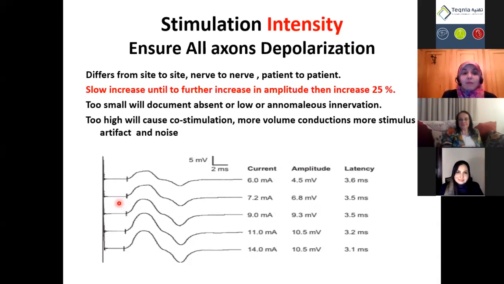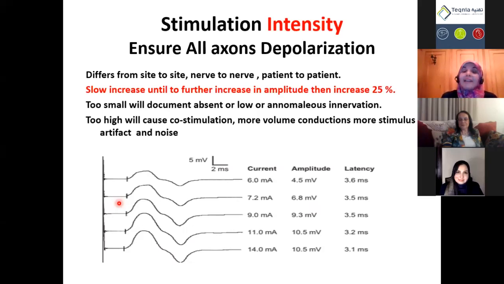Well, you can say, I can just put the stimulator on the maximum intensity and this will make sure that all the fibers are okay. Well, no, because when you have too high an intensity, you will have co-stimulation, you will stimulate other nerves. When you do this at the ulnar, you can stimulate the median. So it is not just that you put a high intensity.